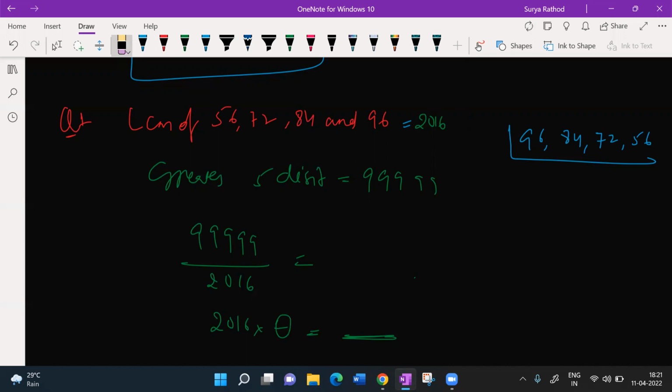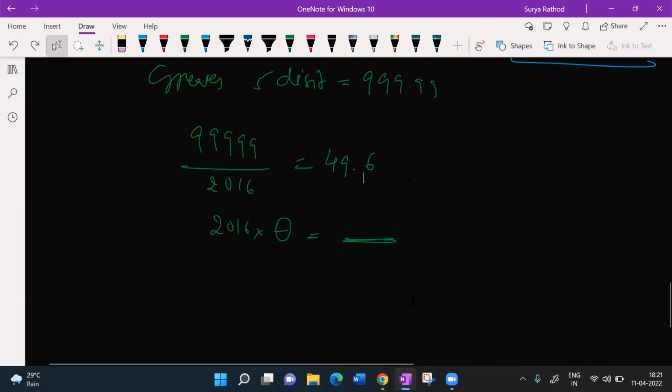Let us solve this. Or else you take it as 1 lakh and approximately how much will you be getting? Approximately 49 times you will be getting. So 49.6 around I'm getting.